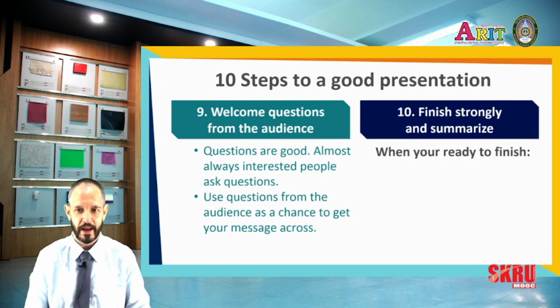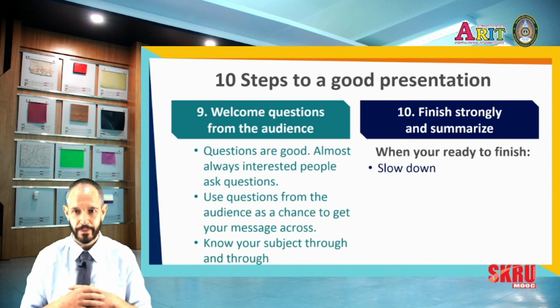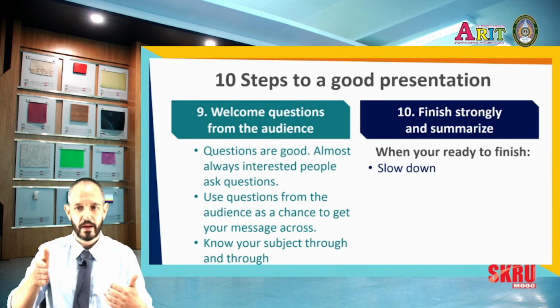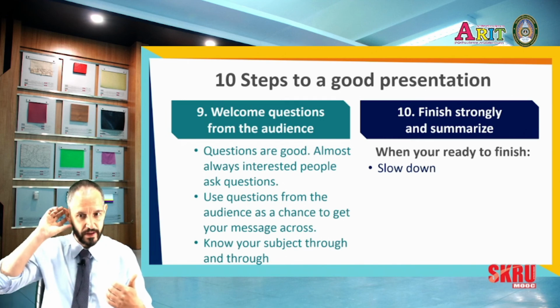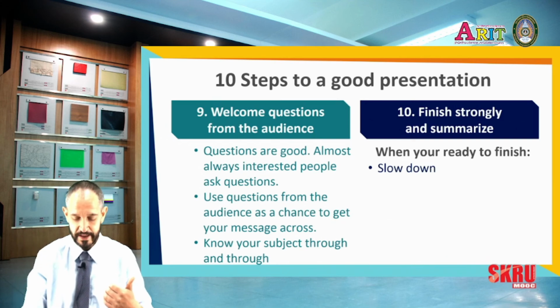The last step in giving a good presentation is finish all presentations strongly and summarize. So when you finish, you want to slow down. You can be talking at a good pace, but slow down so everyone can hear you. When you slow down, the audience tunes in more because they know something important is being said.